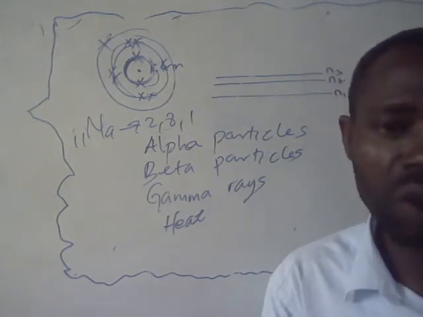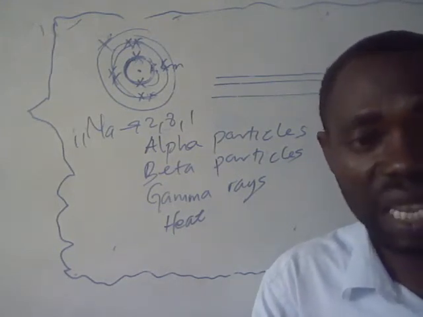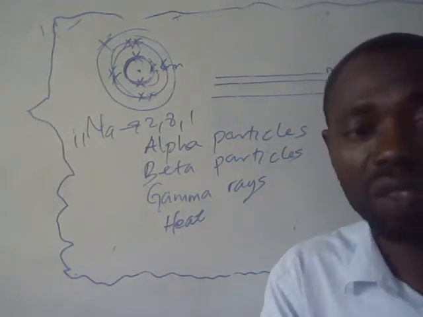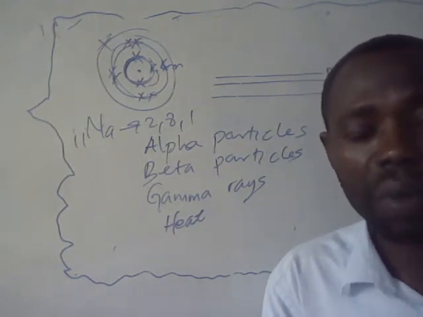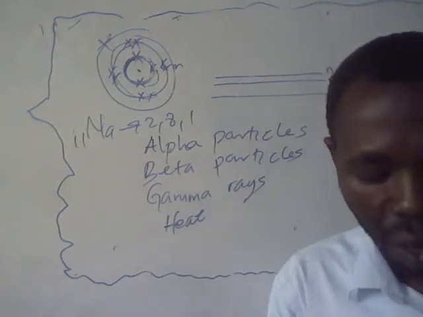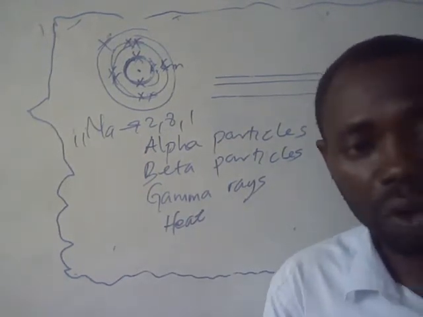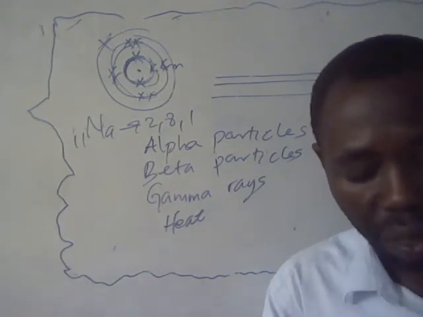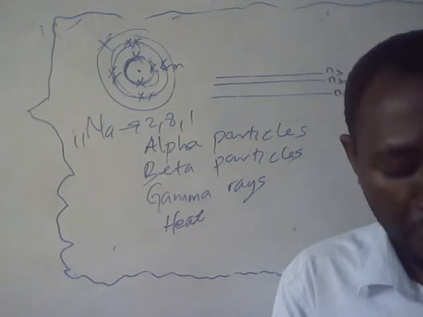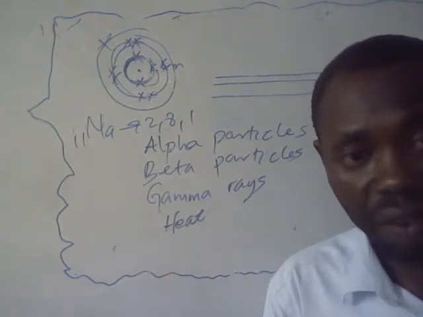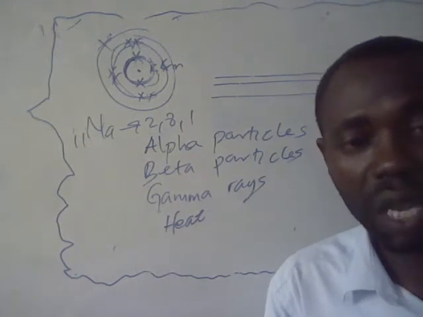And nuclear fusion is when two light nuclei come together, as in the fusion of deuterium and tritium. You can have helium with the release of energy. I don't want to go much into that, but in radioactivity, energy is released, whether fusion or fission, in the form of heat.